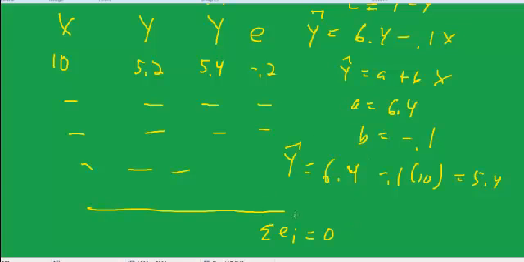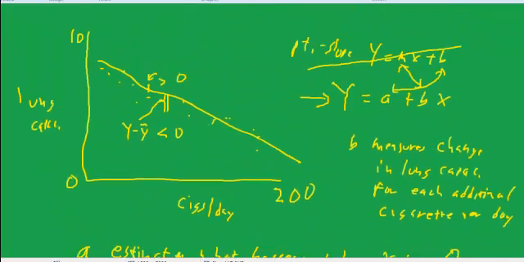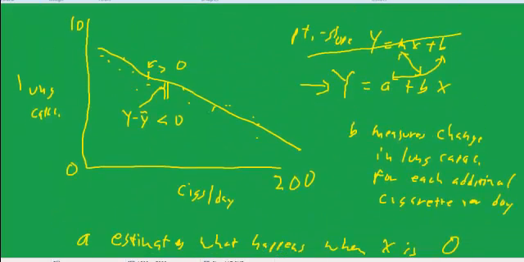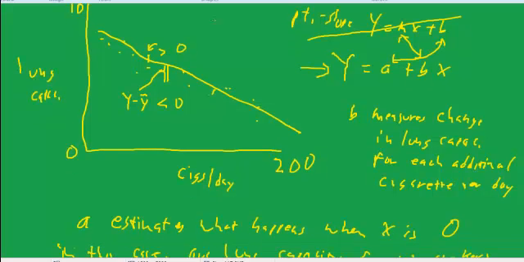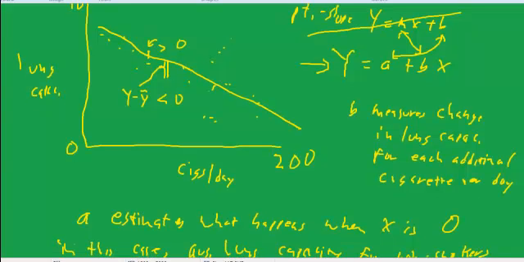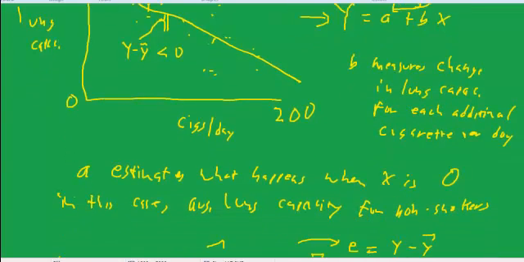Another way of saying that is that the residuals balance each other out. There's just as much error on the positive side as on the negative side. So the points are just as far above the line up here as below the line down here. That's the notion of having the residuals sum to 0.